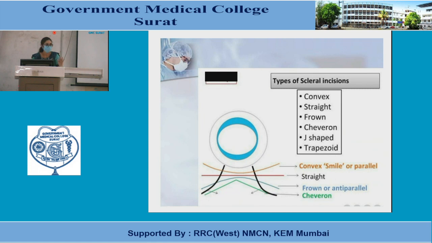But for scleral or SICS surgery, we prefer taking a straight incision or an inverted C-shaped incision, that is called a frown, or an inverted V shape, that is chevron. The other types that are described, like trapezoid and J-shaped, are not performed. The most common scleral incisions are the straight incisions, or at the most the frown variety, right?